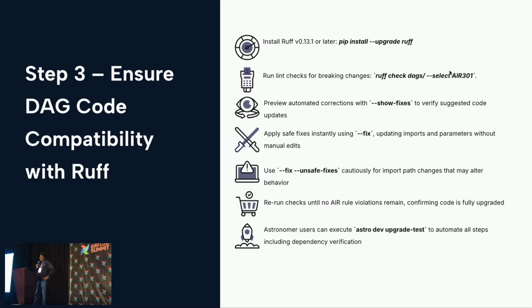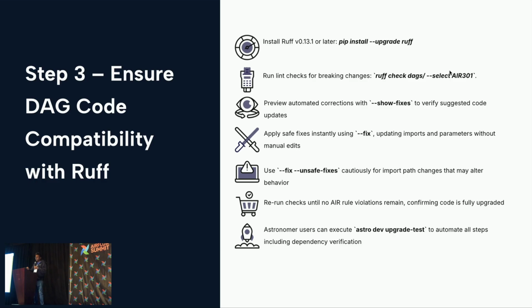The Ruff linter is a Python linter and code transformation tool that can be used to check your Airflow DAGs for compatibility with Airflow 3. The first step is to install Ruff in your Python virtual environment. The next step is to run the command ruff check with the path to your DAG code, along with the Ruff rule you want to run.